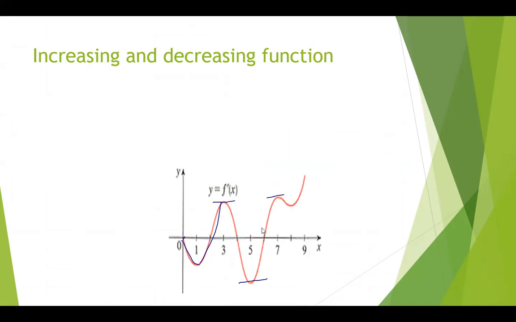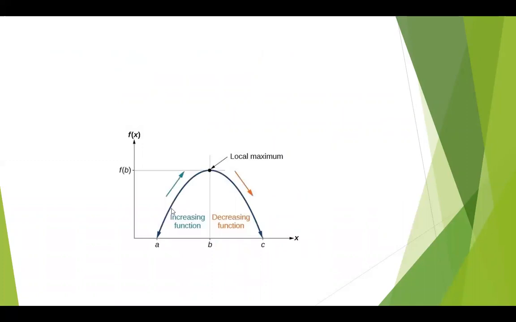Here, dy by dx becomes equal to 0, and this point is also called a stationary point. After reaching this point, it has tended to decline. It's a decreasing function. After that, it is in the increasing mode. Now, here, within the interval a to b, it is in the increasing mode. After that, it is in decreasing mode.